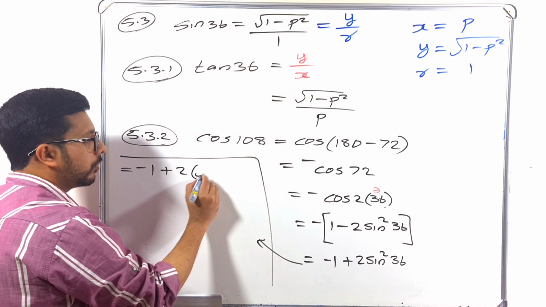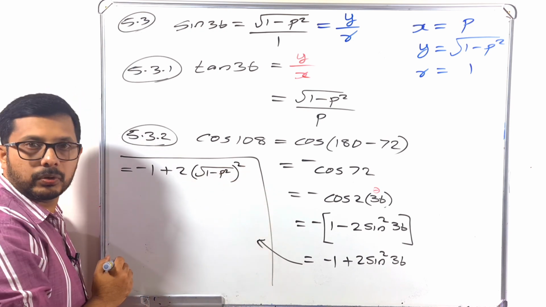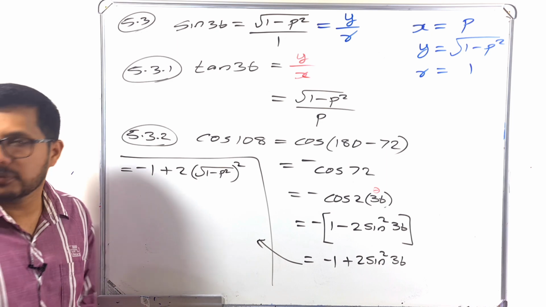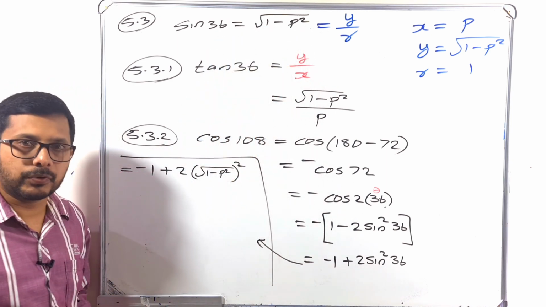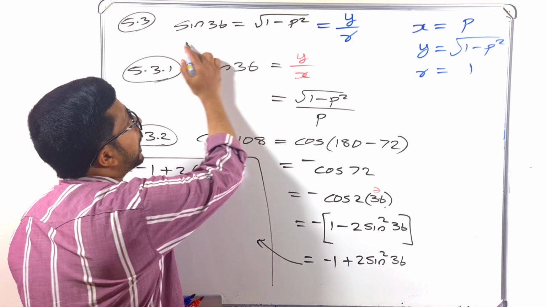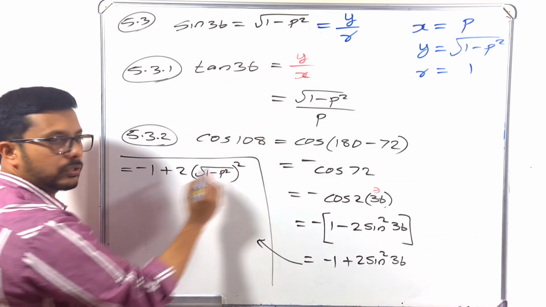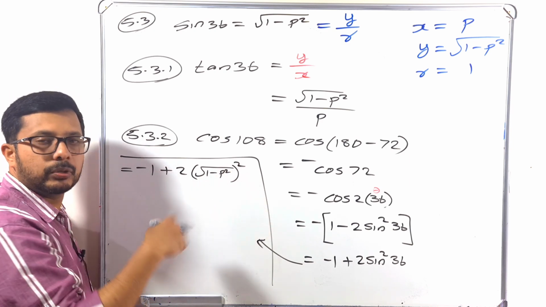So sine square 36 is root of 1 minus p square, the whole square. When you square a square root, you have to remove that square root.